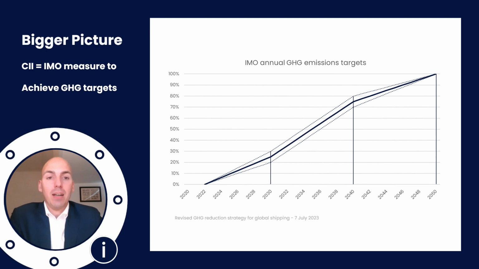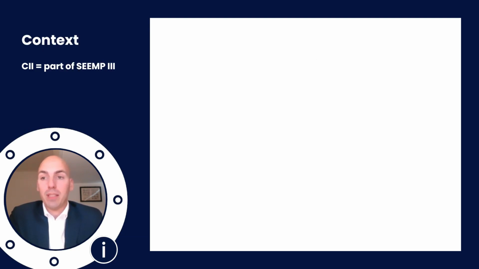And the CII is one of the measures that IMO has in order to at least track, monitor, and hopefully also achieve said reductions. And to provide you with a bit more context, the CII is part of the Ship Energy Efficiency Management Plan, also by IMO, specifically part 3.